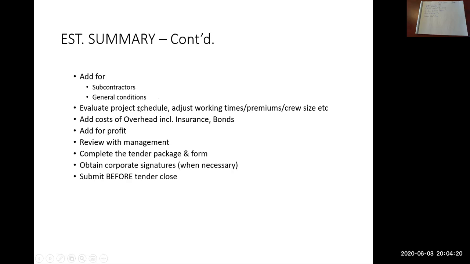So compare that rough schedule to the schedule that is required in the tender documents. So maybe your rough schedule says it's going to take 4 months to build this job, but the tender documents say it must be completed in 3 months. So you need to add crews to build the job quicker.